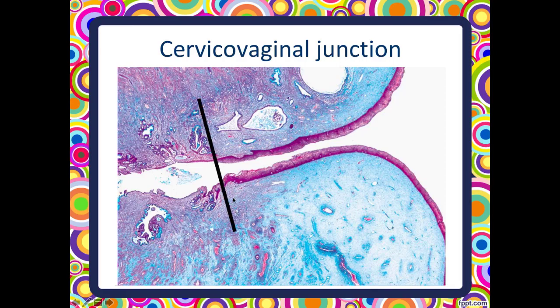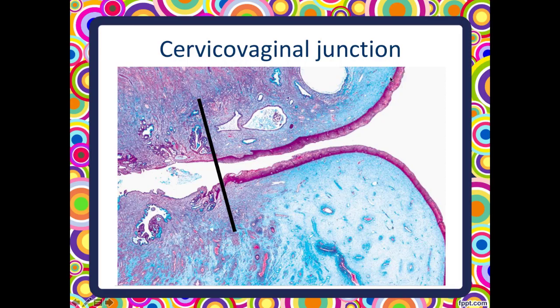During life, this junction shifts outside to the ectocervix. That means that the columnar epithelium covers also this surface, all the way to the ectocervix, for example here.